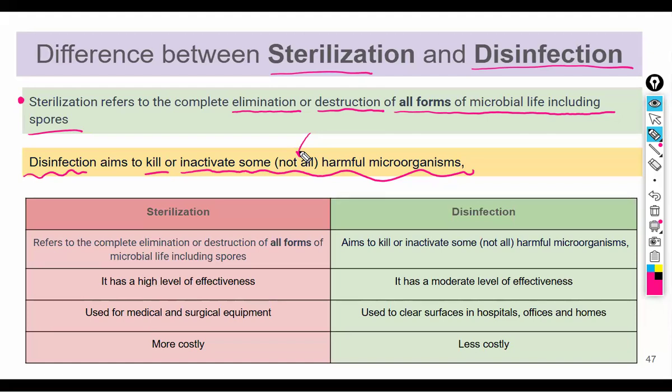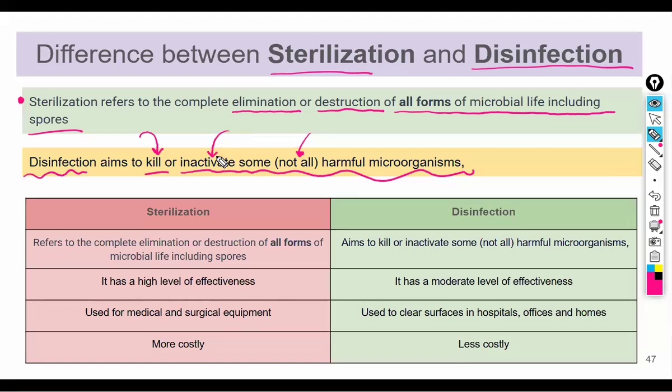It's very selective in who it's killing. So different companies will develop different types of disinfectants, and those certain types of disinfectants will only kill certain types of bacteria. And disinfecting doesn't mean it kills all. It could kill them or inactivate them.